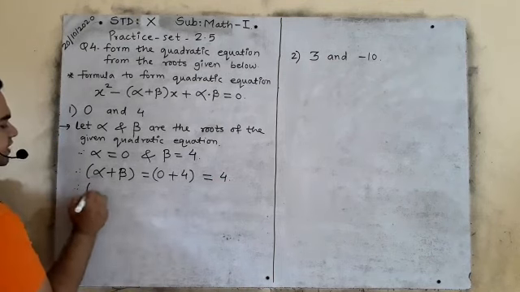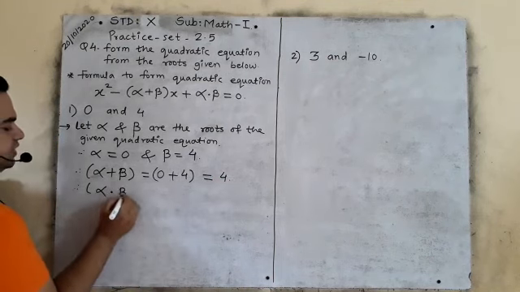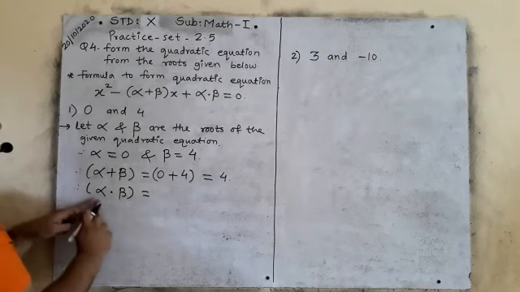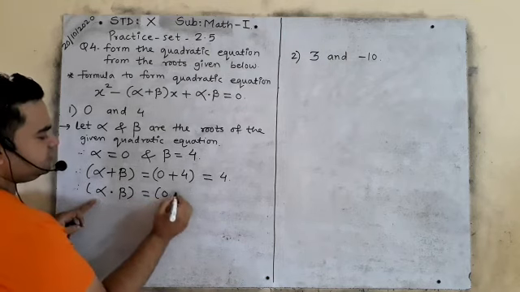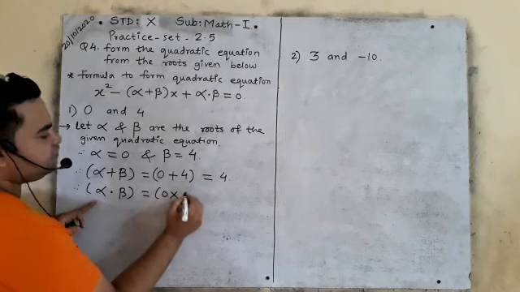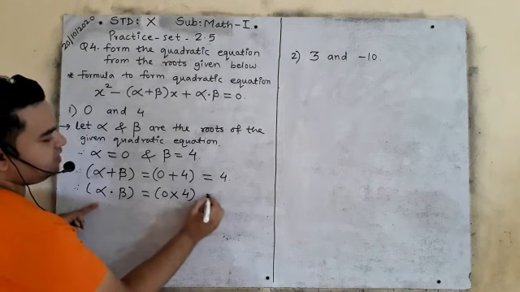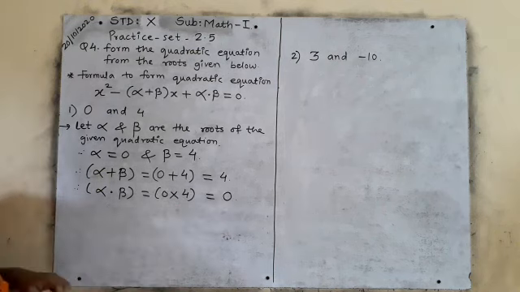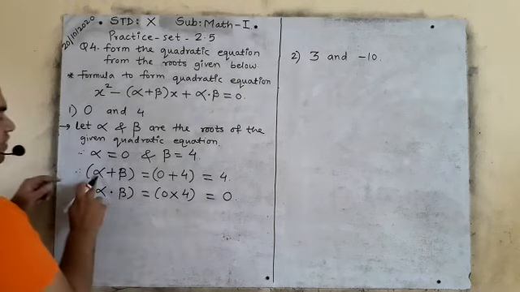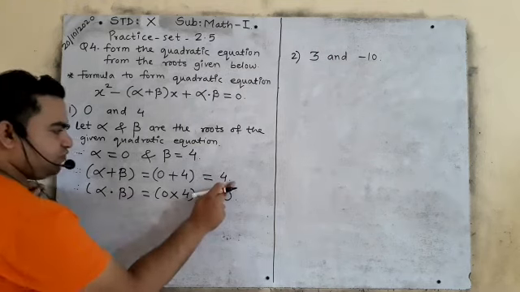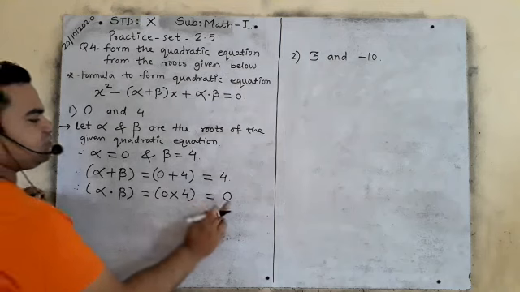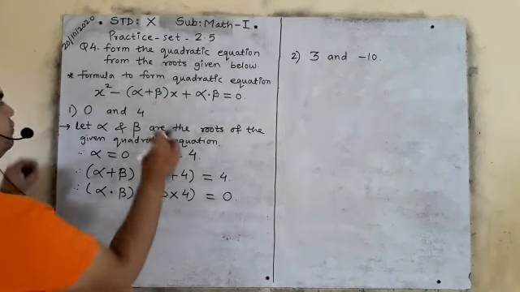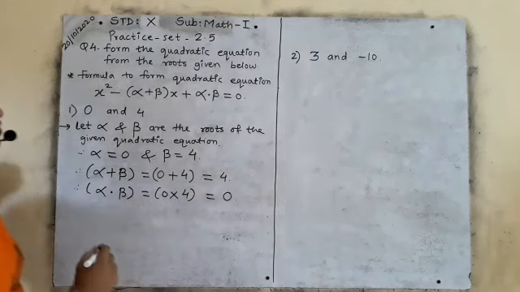Now you have to write alpha into beta is equals to how much? Alpha value is 0. 0 multiplied by beta value is 4. 4 zeros are 0. Okay. Now these values of alpha plus beta is equals to 4. Alpha into beta is equals to 0. These values we will keep in this formula.